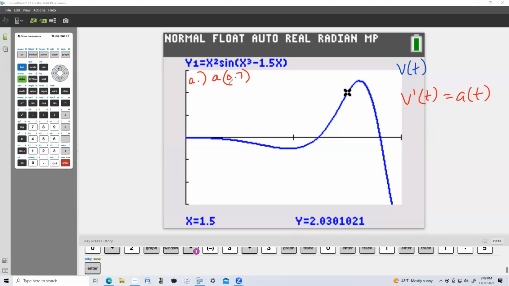So if we want to answer questions about acceleration, we don't want to look at v, we want to look at v prime. V prime is the derivative of v. So we literally need the derivative of v, and lucky for us, the calculator has that ability. To do the derivative, you're going to do the following. On your TI calculator, while you're still in this graph, go to second trace, which is the calculate menu.